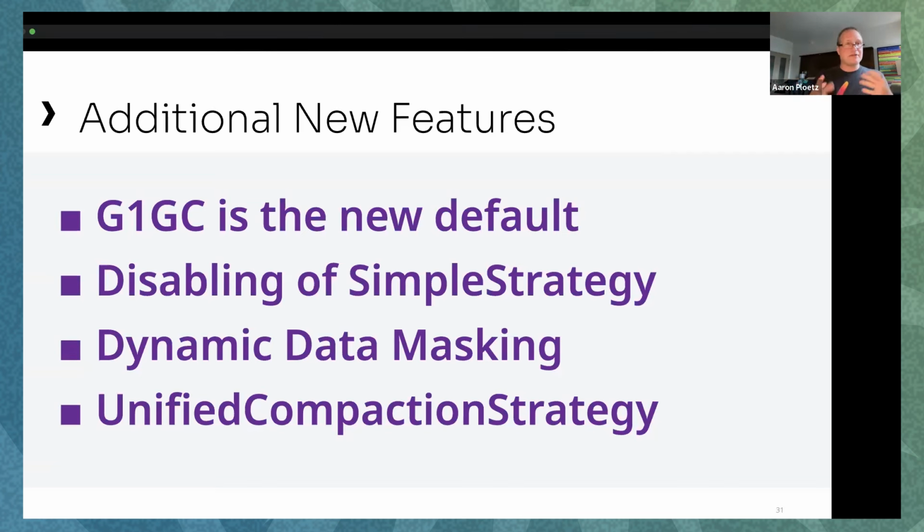And then we've had evolutions like date tiered and time window compaction strategy. But the thing is that unified simplifies a lot of that, and it's kind of a best of all worlds type of approach to compacting data on disk. So anyway.